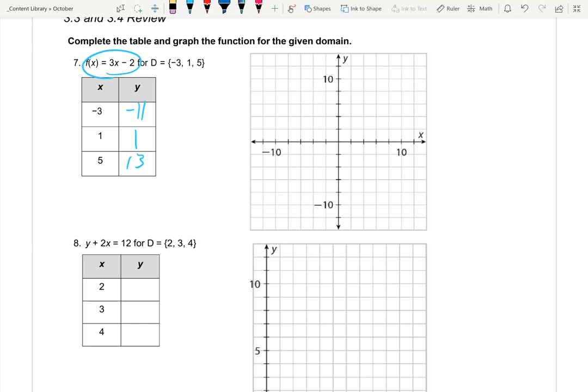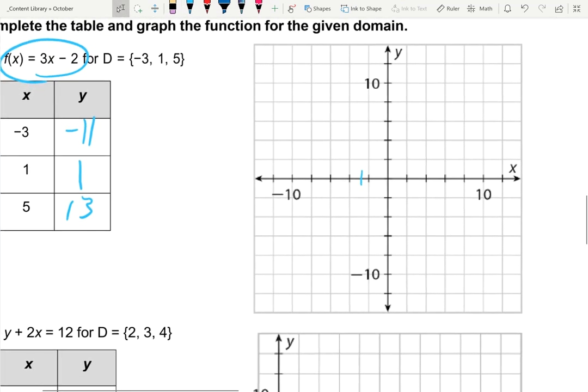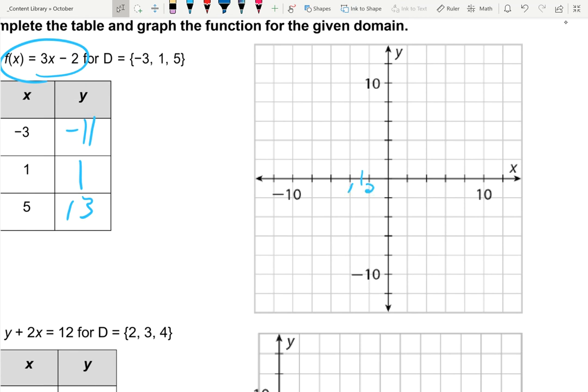Now I'm just going to graph those 3 points. (-3, -11). Now, what are these? These look like they're going by 2. So -3 is going to be halfway between the 2 and the 4 here. If you want to label them, let's zoom in a little bit. So keep in mind, these are going by 2. 2, 4, 6, 8. These are all negatives, by the way. So -3 is going to be right between -2 and -4. And we're going down to -11, which will be right after -10.